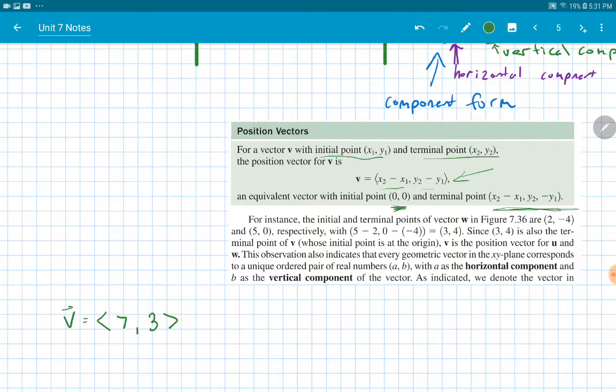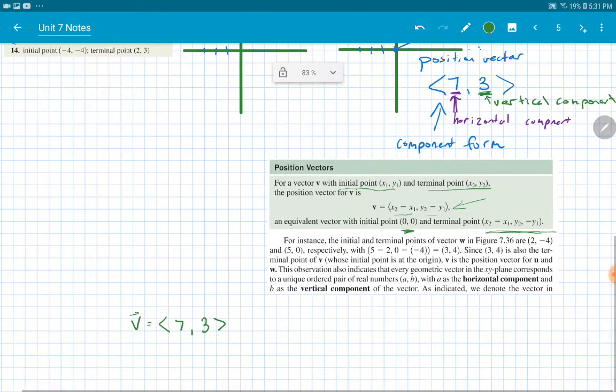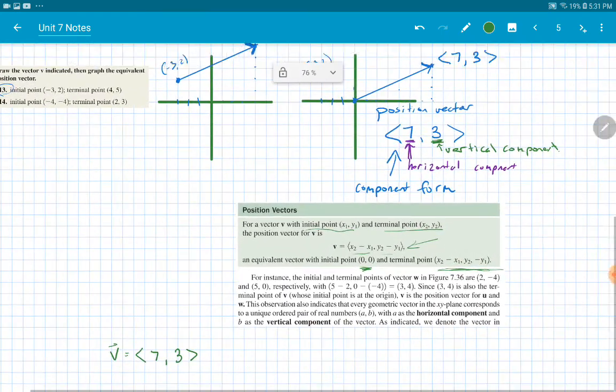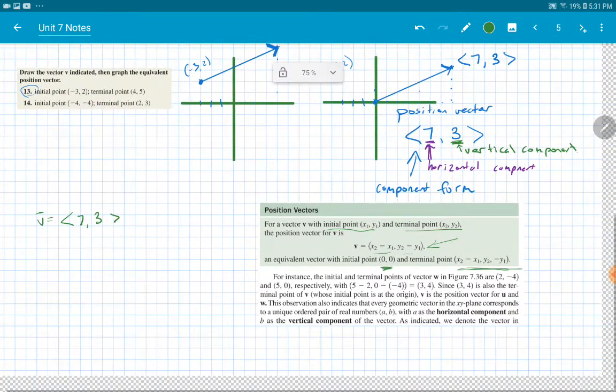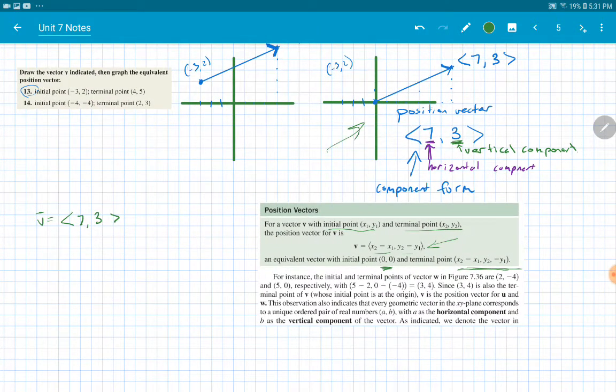Then I can find the magnitude of that line. I'll just move the book right here. The magnitude of this vector would just be that line.